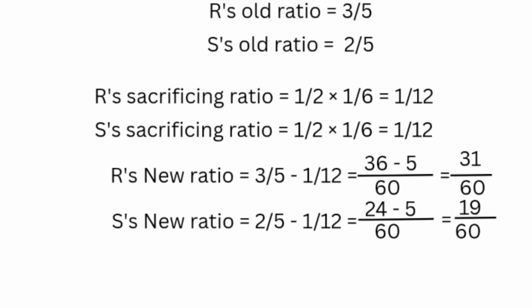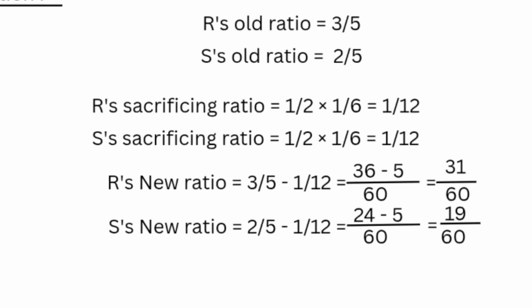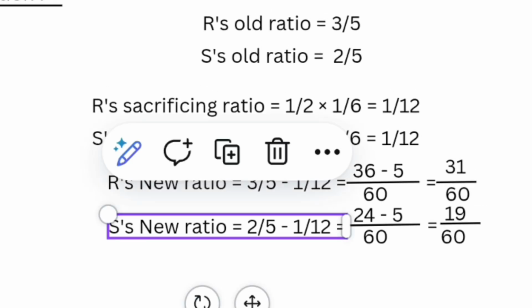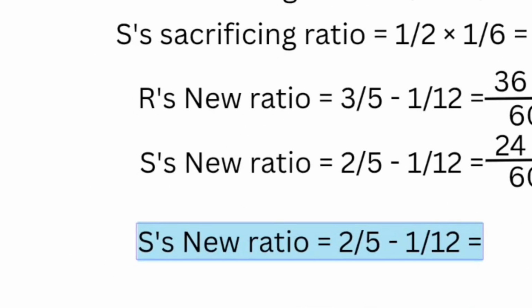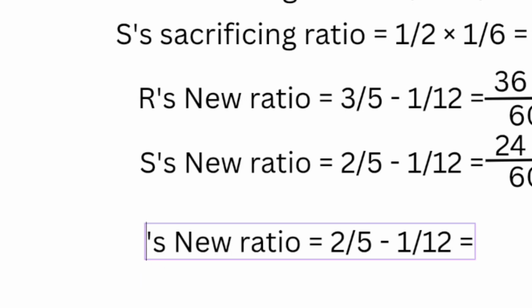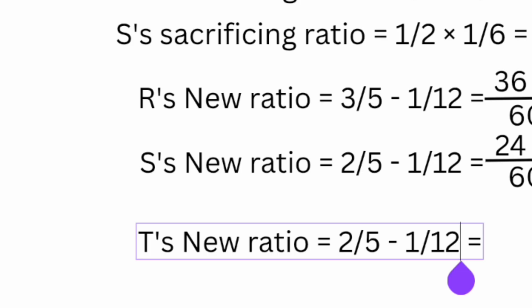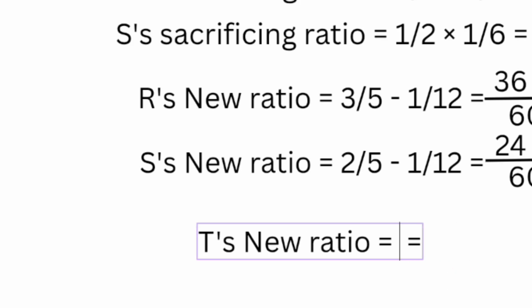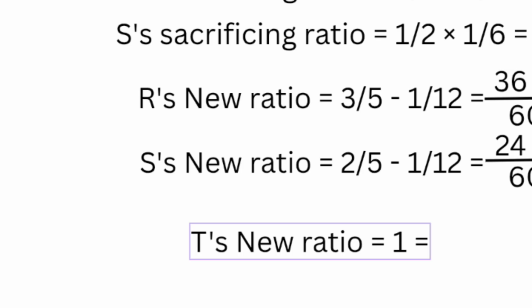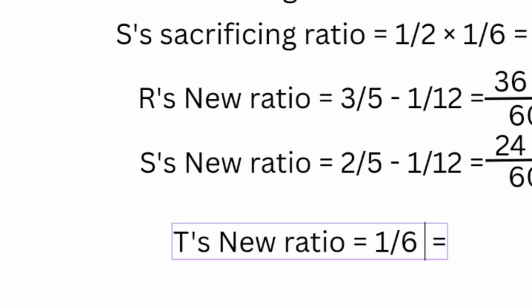Now move to T's new ratio. For T's new ratio we only have to multiply it by 10. Why do you have to multiply this? It's 1 by 6, right?